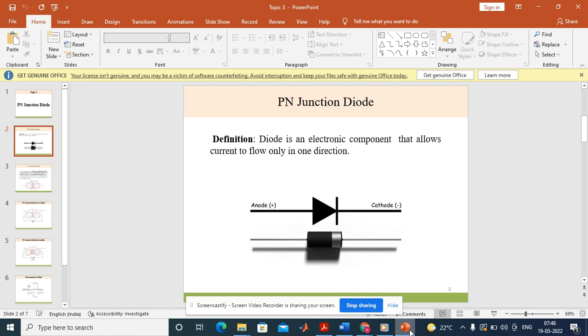And the above one is the symbol of a diode, which is represented by making use of an arrowhead and a straight line. The terminal representing the arrowhead is an anode, and the terminal nearer to the straight line is a cathode. So, PN junction diode is a two-terminal device wherein the terminals are anode and cathode.